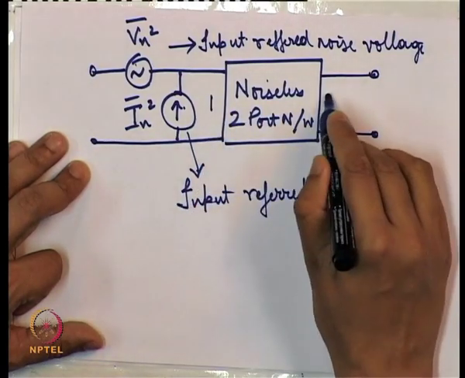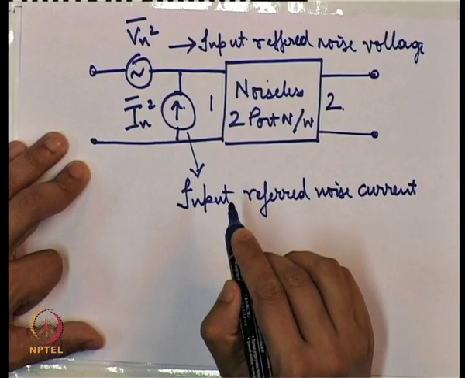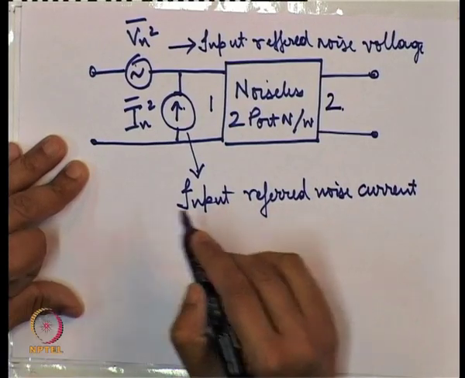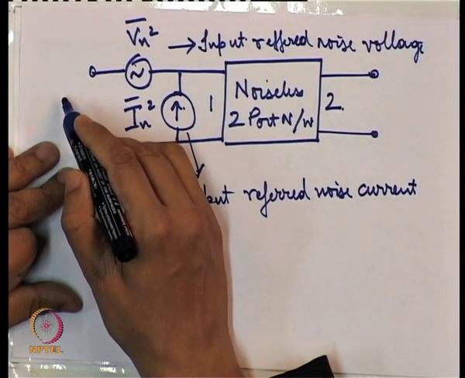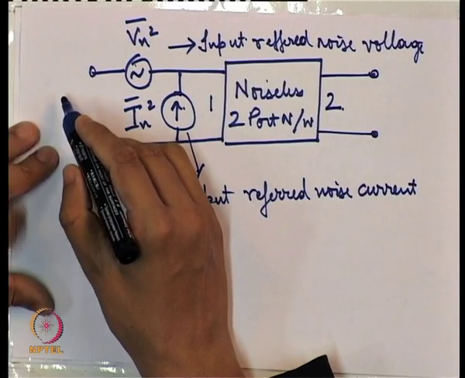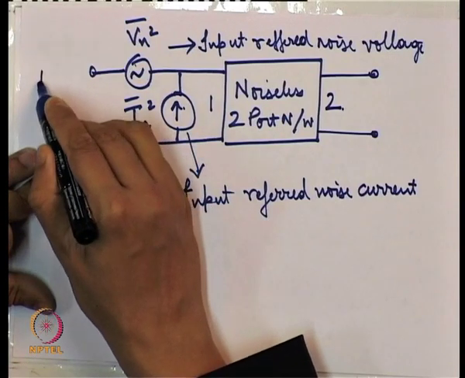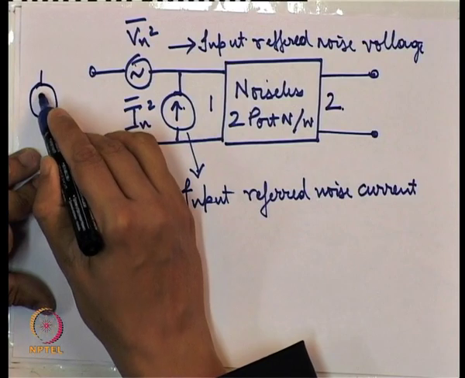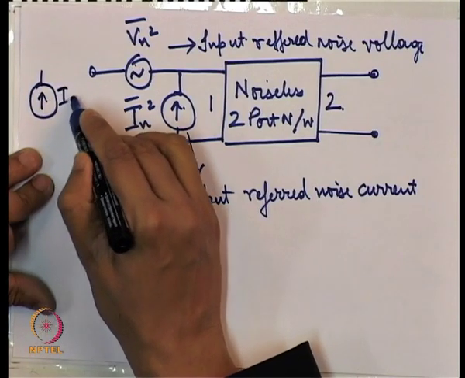So this is port 1, this is port 2. Now suppose we have a noise source here. So it's a current source.